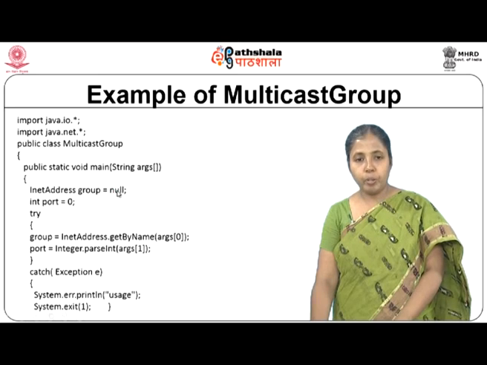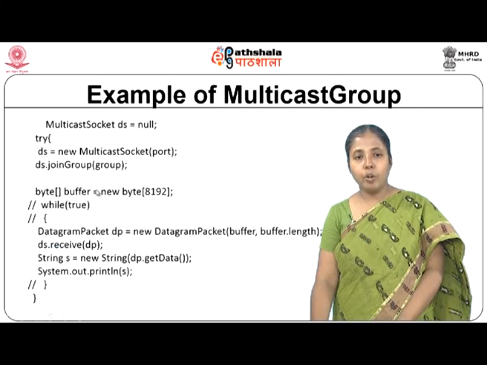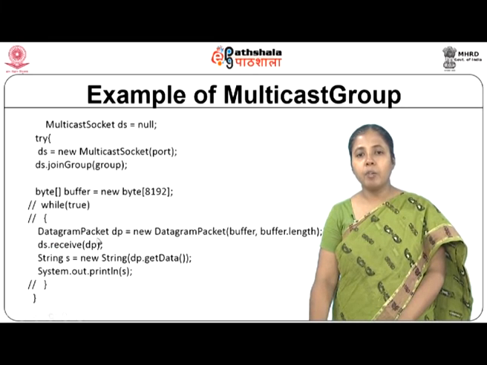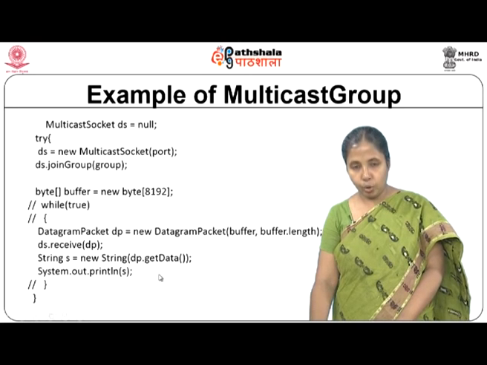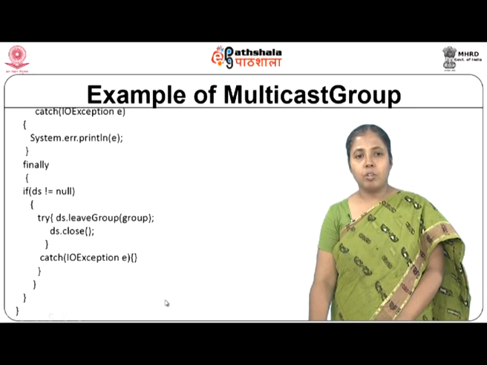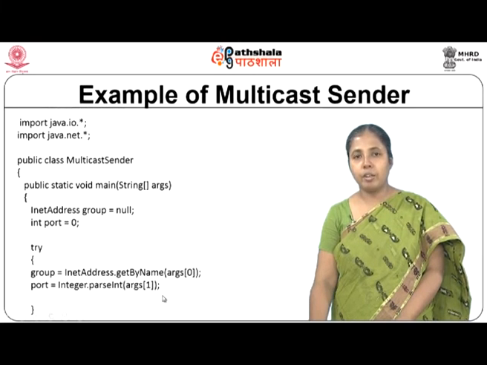It has to join the group, where the group is nothing but the InetAddress, and you have given a port number when you create the multicast socket. The multicast group is the one which is going to receive the datagram. So, you construct an empty datagram packet, use the receive method, then unpack the datagram packet and print it on the screen. Once it is completed, it has to leave the group.